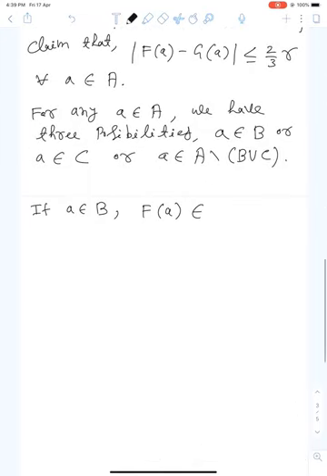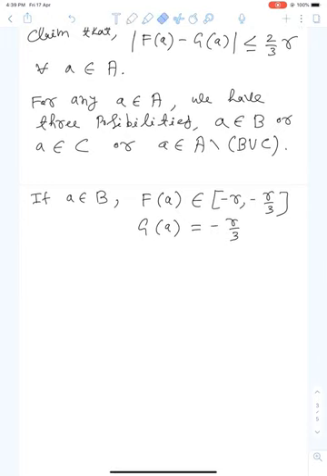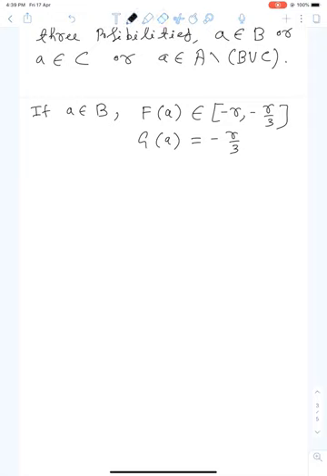So this belongs to minus r comma minus r by 3, and g of a is equal to minus r by 3, right? So that implies mod of f of a minus g of a is less than or equal to 2 by 3 into r, right?